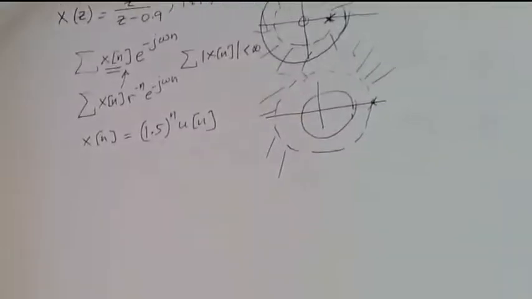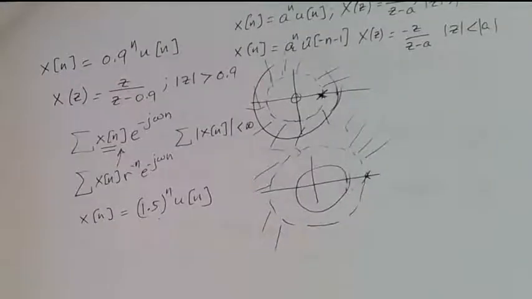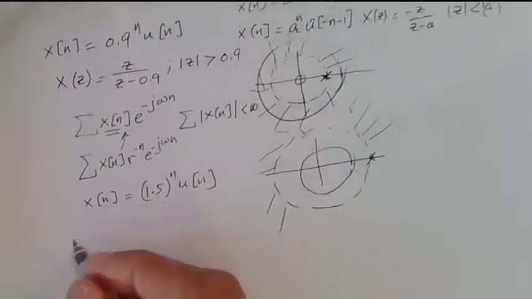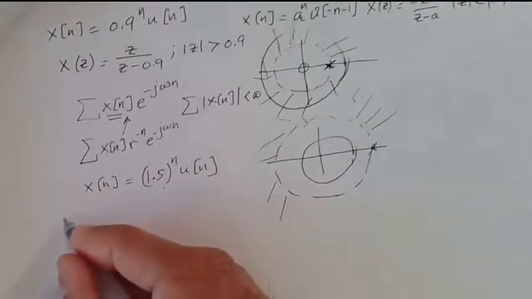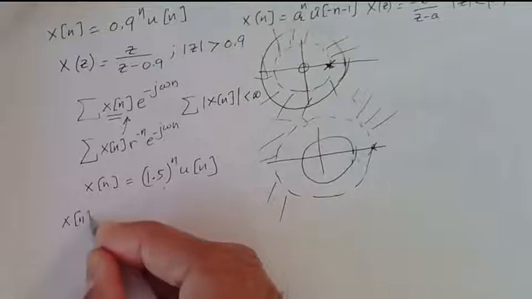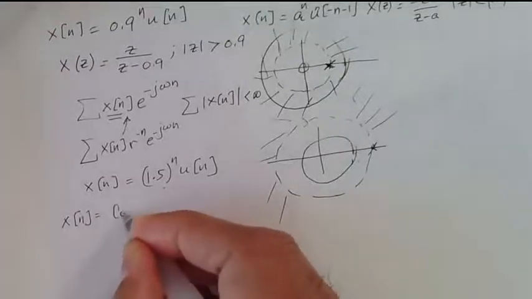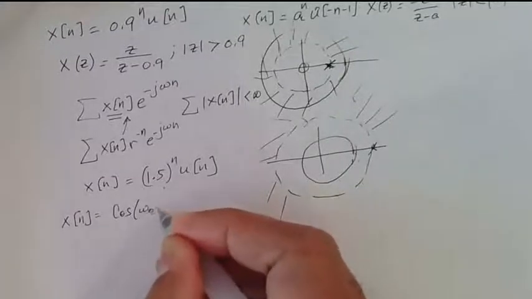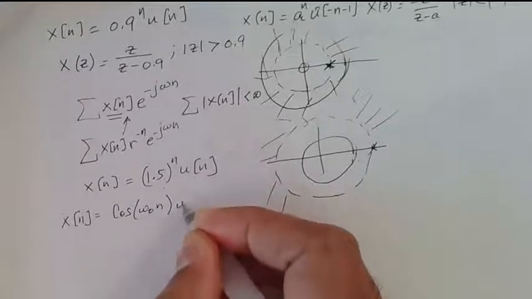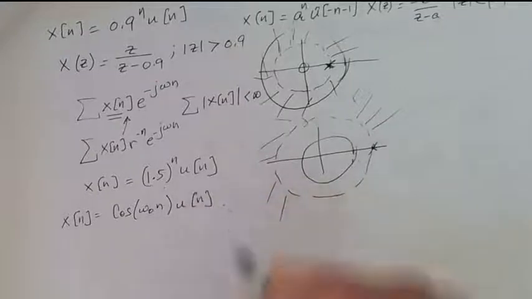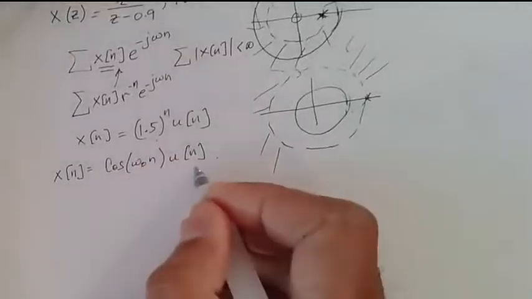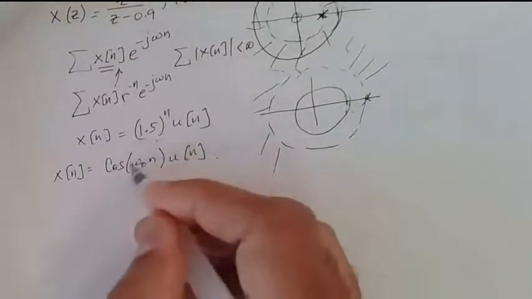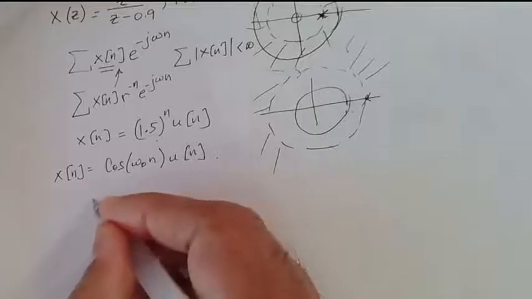Okay, let's do a slightly more complicated one. Let's suppose x of n is equal to cosine of omega naught n u of n. Well, what is cosine omega naught n? You can use Euler's formula.